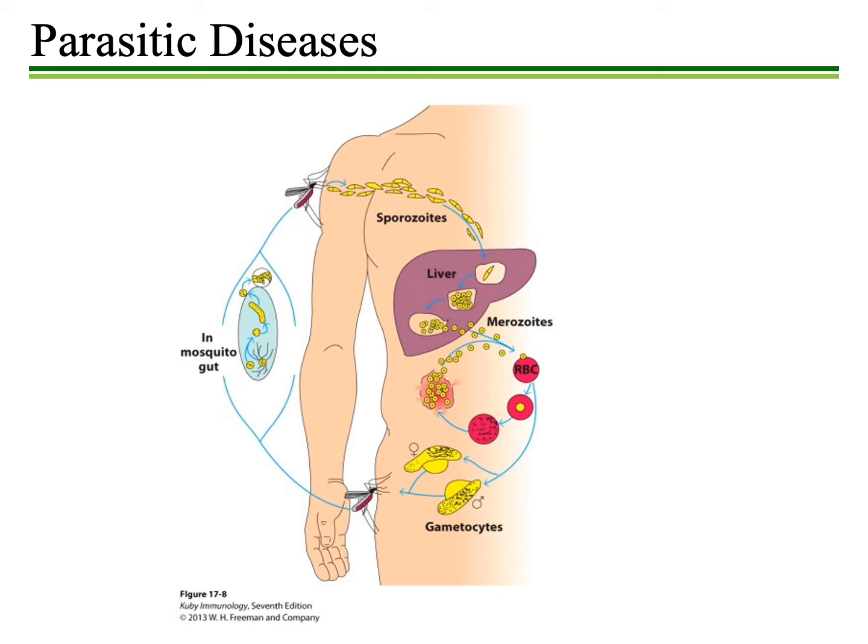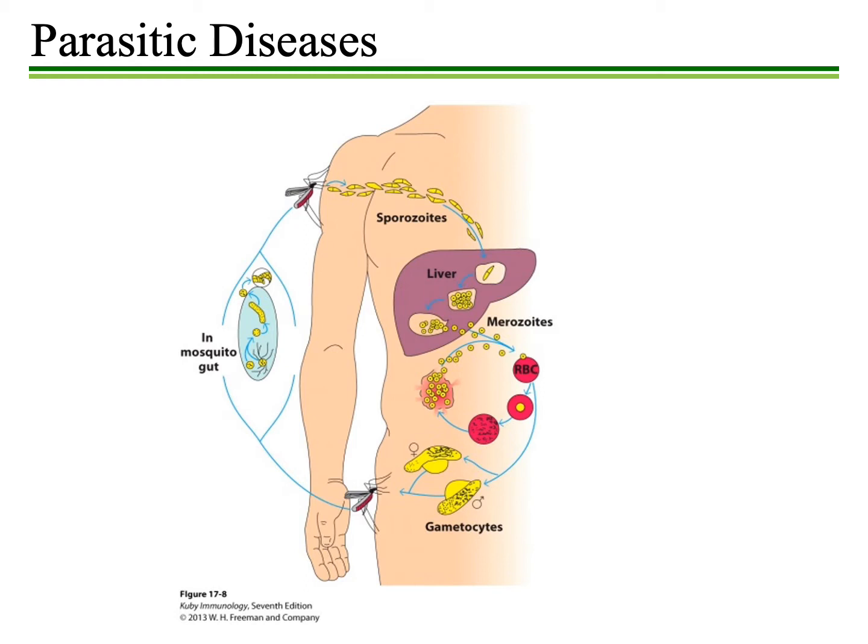In the red blood cells, we have another change in the life cycle to produce the gametocytes. Once the gametocytes are produced, another mosquito can do a blood feed and transmit those gametocytes into the gut of the mosquito, and hence the life cycle continues for this parasite.